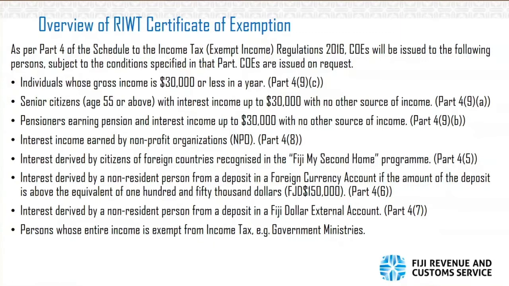Next, interest derived by a non-resident person from a deposit in a Fiji dollar external account. And the last is persons whose entire income is exempt from income tax. So if you fall within these conditions, then you can apply for the certificate of exemption.